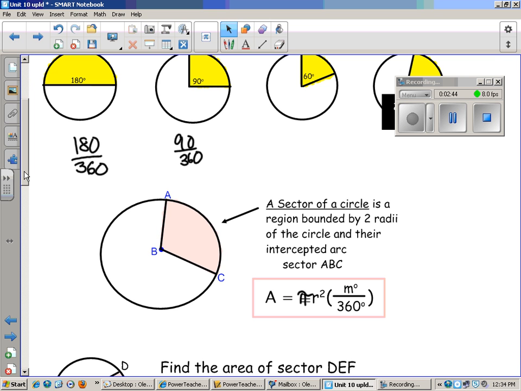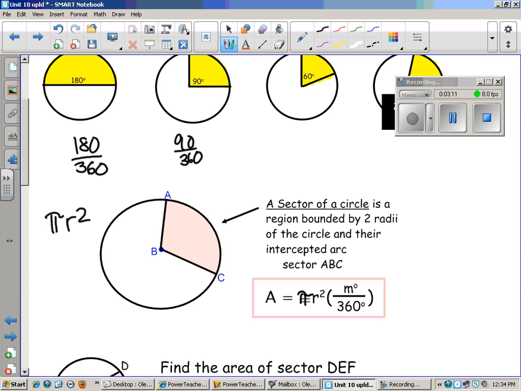What is that? Pi r squared, right? Remember, pi r squared, pi around. So if I find the area of the whole circle and then multiply it by just the percent that's covered here, that'll give me the area of this piece. Does that make sense?